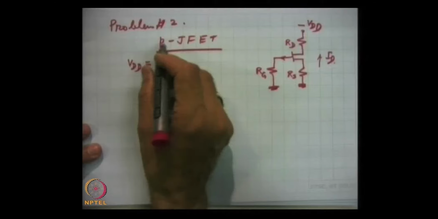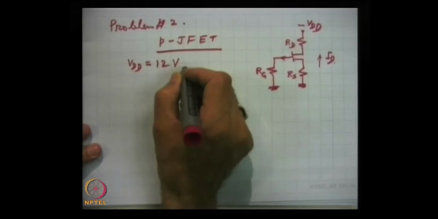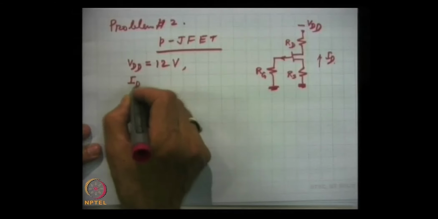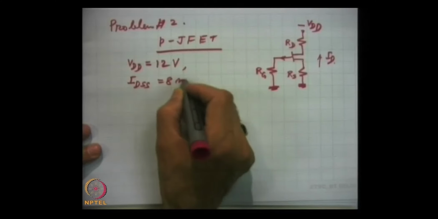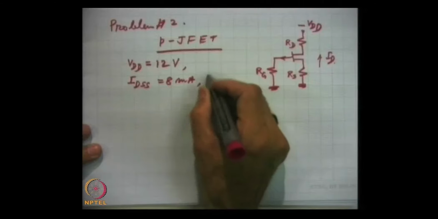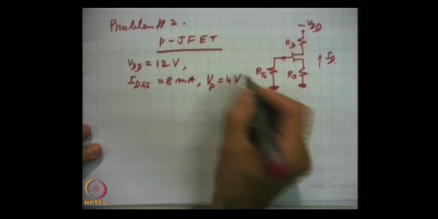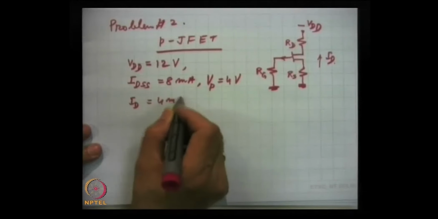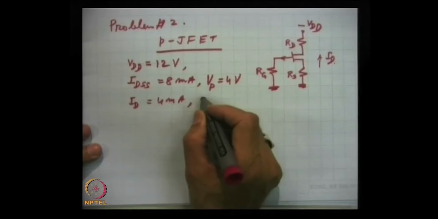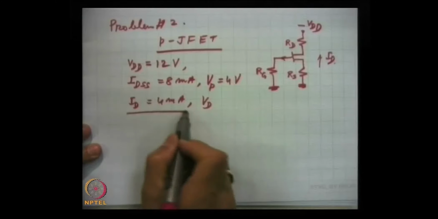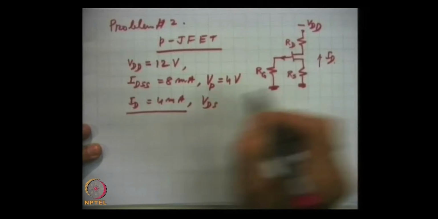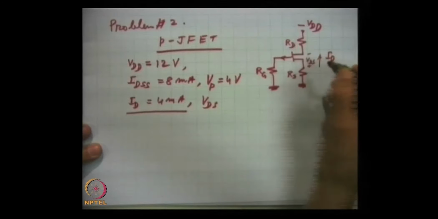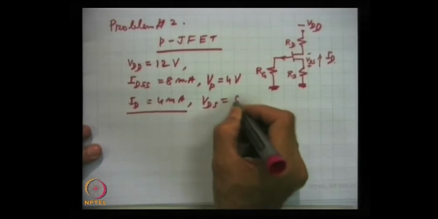So, it is actually minus 12 volts, the magnitude is 12 volts, and IDSS is 8 milliampere, and pinch off is 4 volts, and ID is 4 milliampere, and VDS, when the 4 milliampere current flows, this voltage here, is equal to 8 volts.